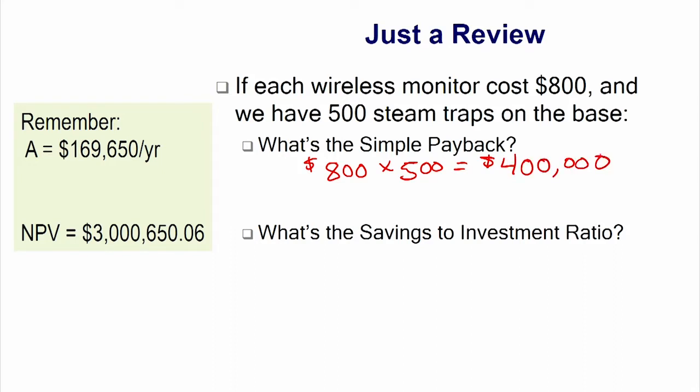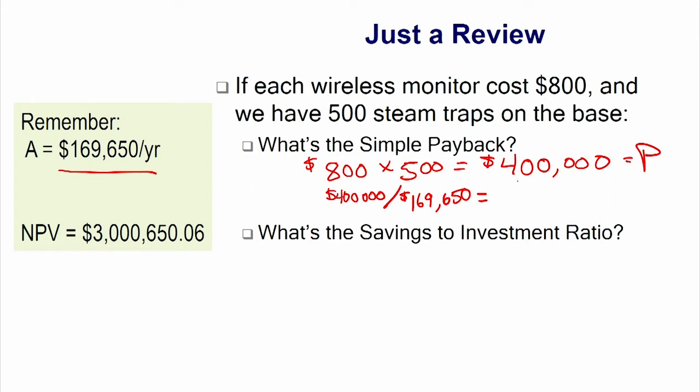So what's the simple payback? Well, our investment is $400,000. We'll call that P. That's the present worth of the initial investment. We know our annualized savings are $169,000. So the way that you work this is simple payback is that $400,000 divided by the annual savings, and that's going to give you cost per year.